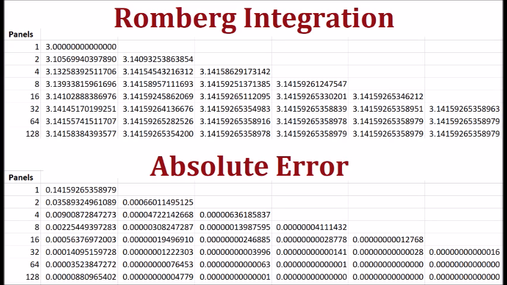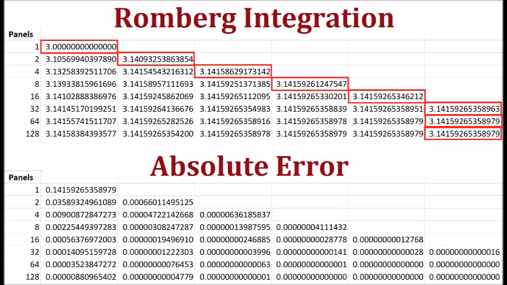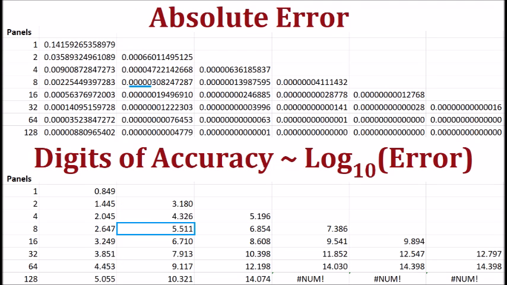Here is the result of Romberg integration. As with Simpson's rule, we see more accurate results as we increase the number of panels, which makes sense. Notice the most accurate value for a given number of panels is the rightmost entry in each row. Here I have taken the base 10 logarithm of each error. This approximates the number of digits of accuracy.